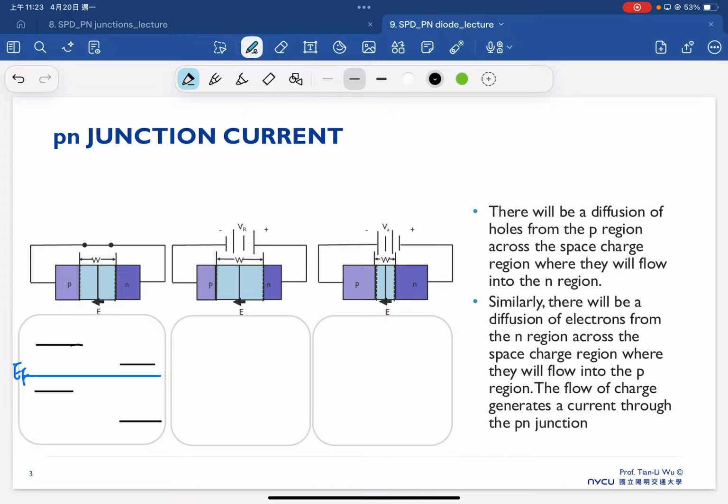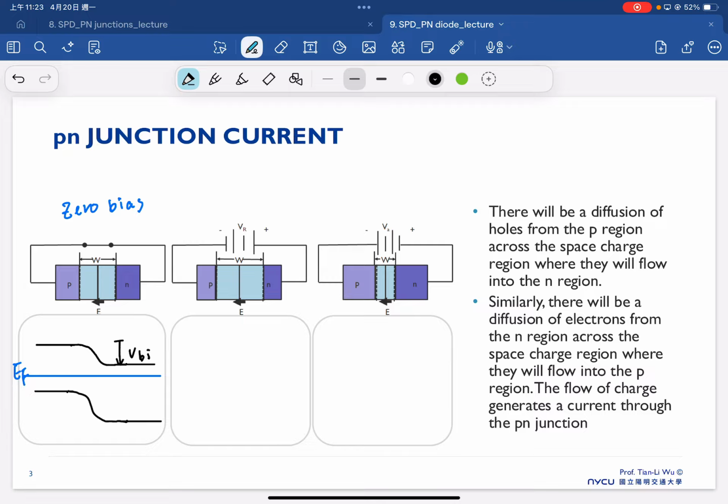So the band diagram will be drawn as shown here. This is under zero bias, and the barrier between the N and P is what we call the VBI, the built-in potential, the built-in voltage.